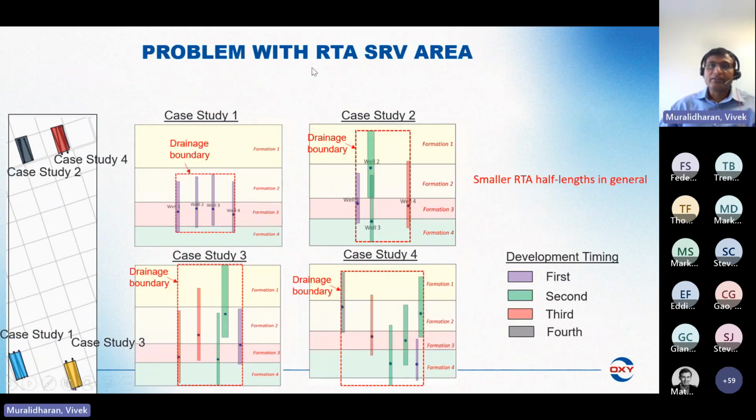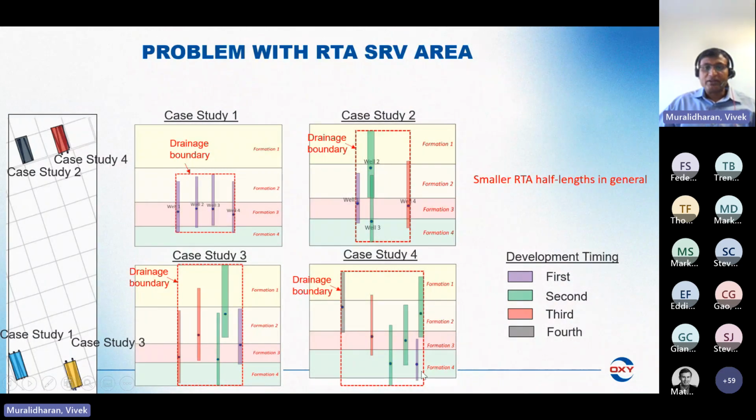Again, we did the initial RTA conversion the same way for all of the wells within the case studies. One usual observation is that these RTA half-lengths are very small in general. You can also see the development timing. The first set of wells are marked in blue. In case study 1, all the wells came up at the same time, with no standalone.